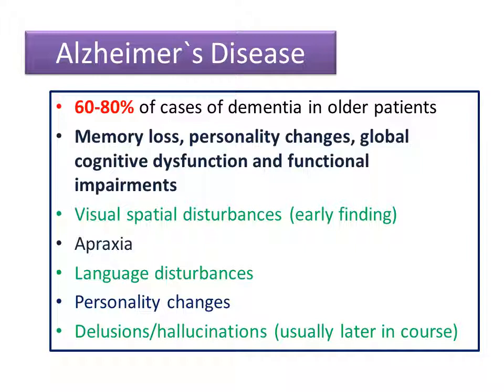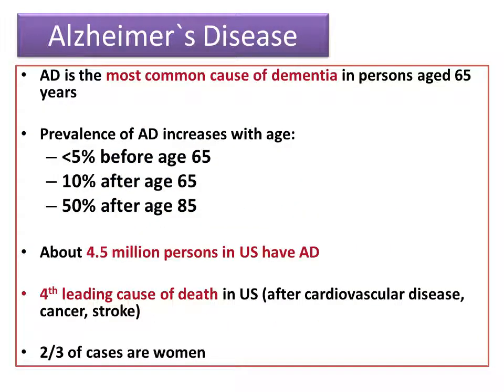Visual spatial disorientation or disturbance is an early finding. Apraxia, language disturbance, personality changes, delusions, and hallucinations may appear later in the course of the disease.